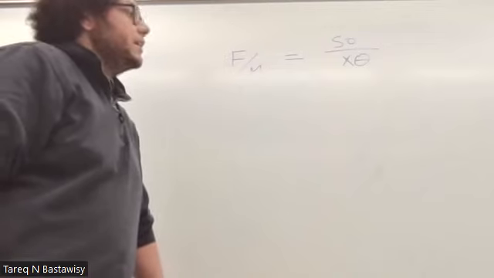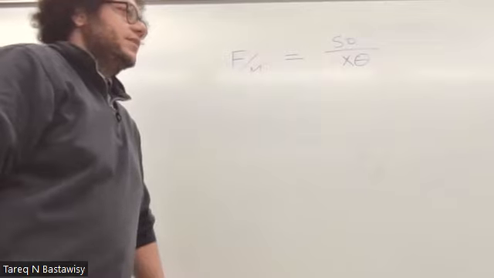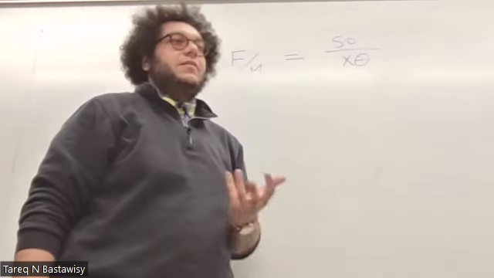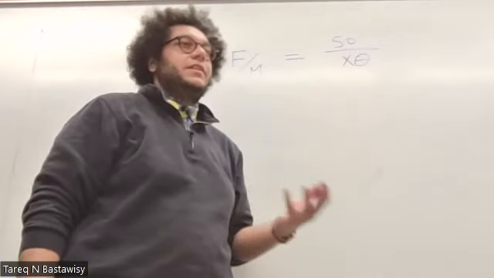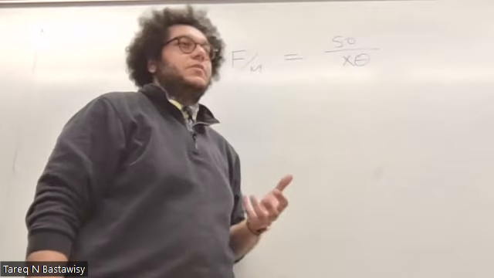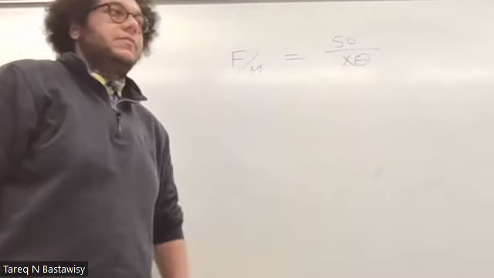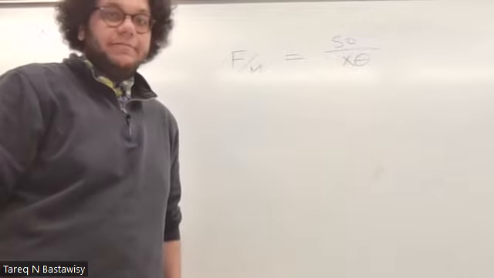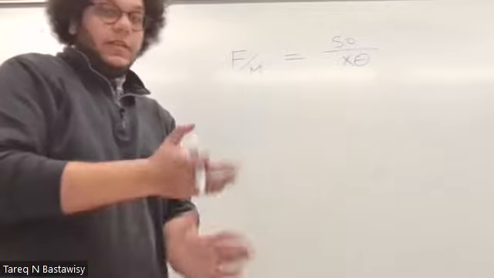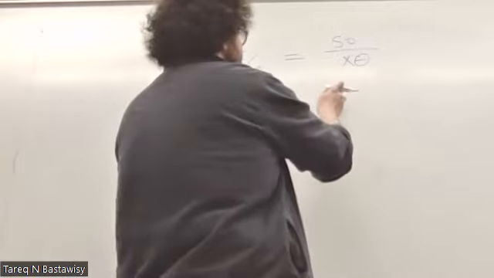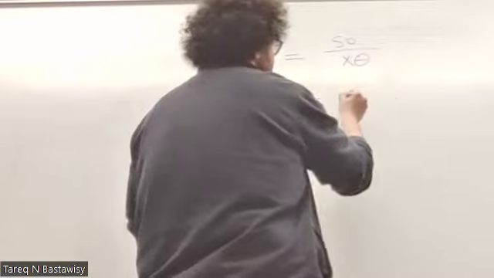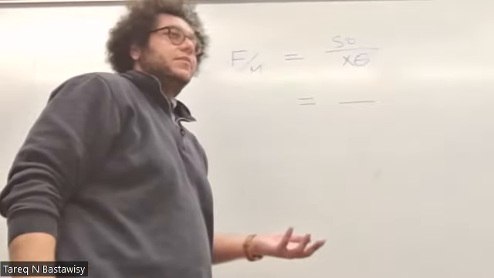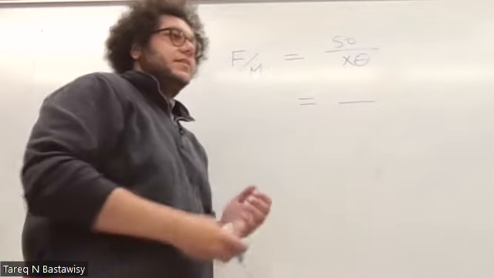That's S naught, yes, whatever you started with. The reason we multiply by theta is it's a rate. We want to find out the rate of this food to microorganism consumption. That's why we divide by the hydraulic residence time or the mean residence time. So whatever value you find here gives you the rate of the food consumption based on the microorganisms that you have. Does it make sense?